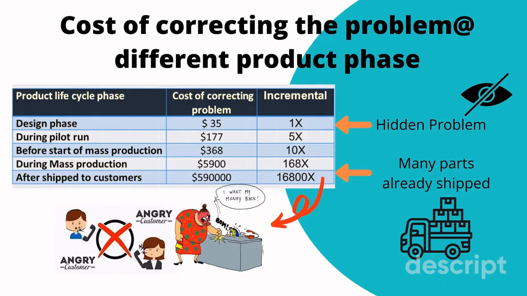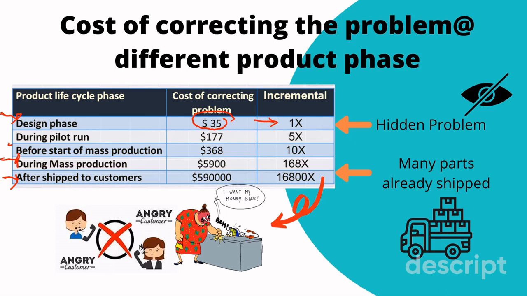In order to answer those two questions, let's look at the cost of correcting a problem at different product phases, from design to pilot run, mass production, and after shipping to the customers. Let's say the cost of correcting a problem at the design phase is $35, which is an incremental of one time.